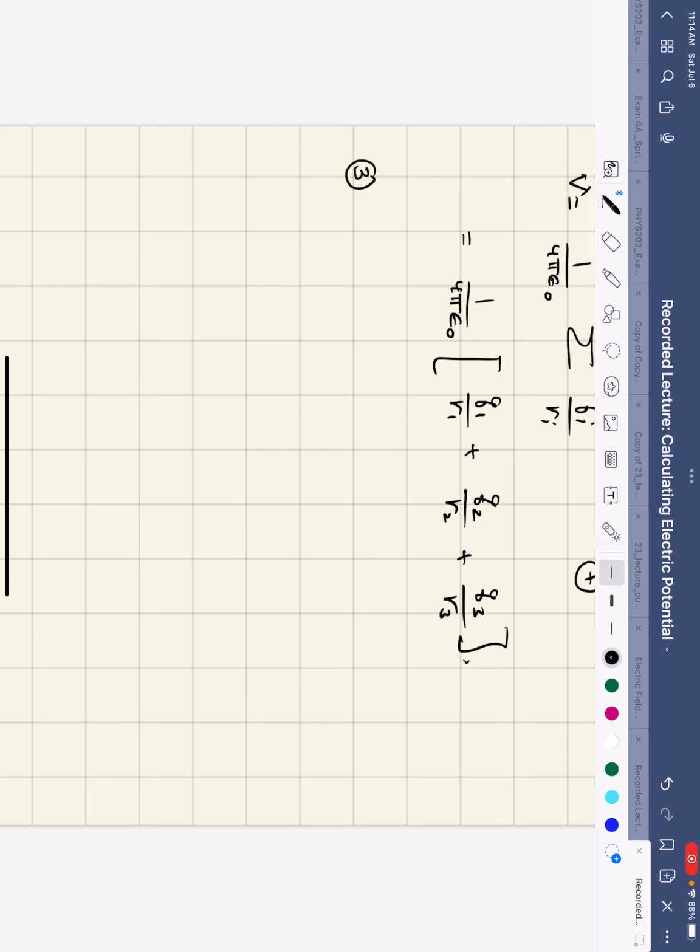Number 3: if the distribution is continuous, then the sum becomes an integration, of course, an integral.